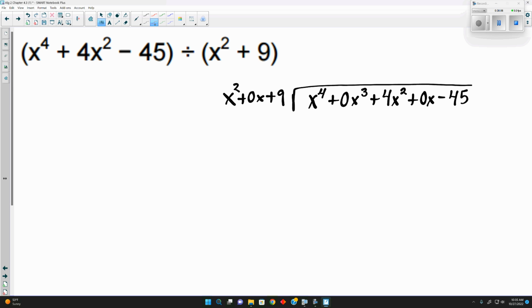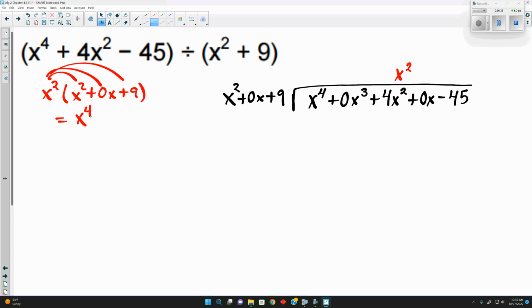Now the first main question is what times x squared gives us x to the fourth? X squared. This time we just have x squared. So we can say x squared times x squared plus 0x plus 9. Well, x squared times x squared is x to the fourth.